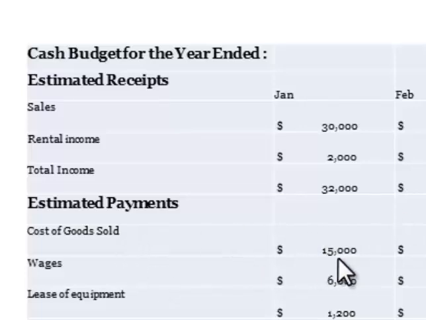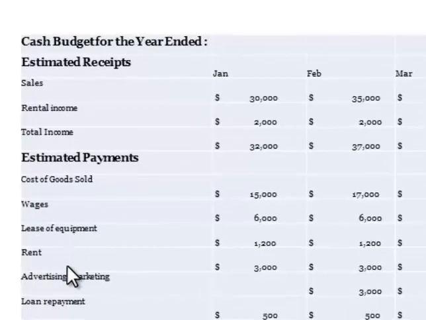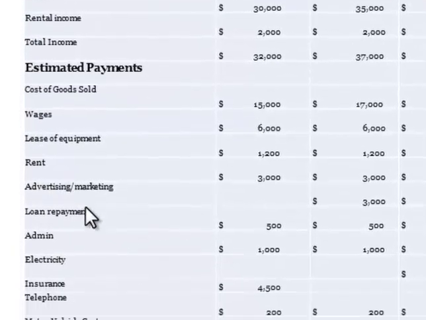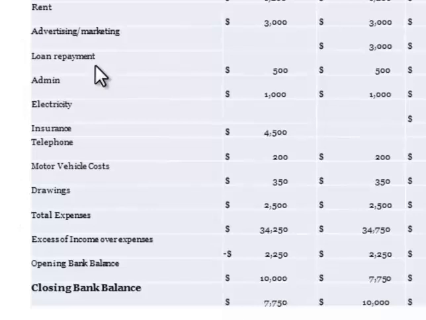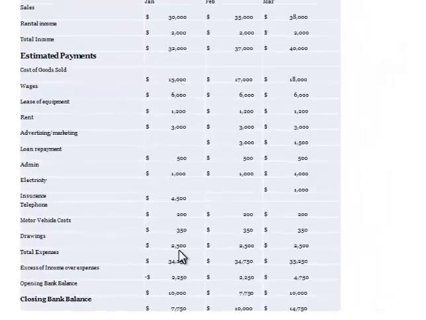Estimated payments, the cost of goods sold, wages, lease of equipment, rent, advertising, lease, loan repayments, admin, electricity, and so on. You can see here drawings for the owners. Now you can see total expenses or total outlays, which is a total of these figures all the way going up to there.